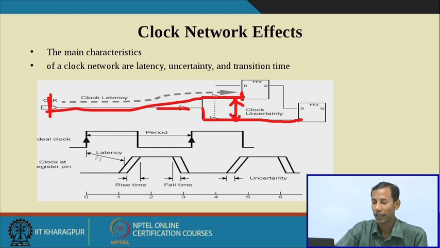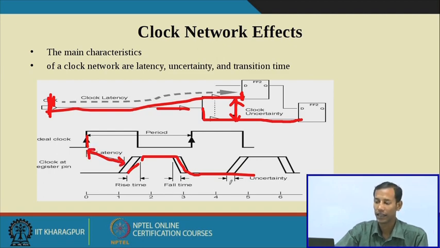So here you see this is the ideal clock at this particular point, then at the register pin the clock will be something like this. Okay, so this is the latency.